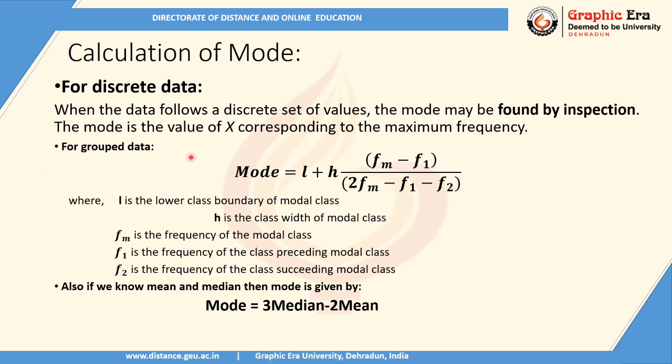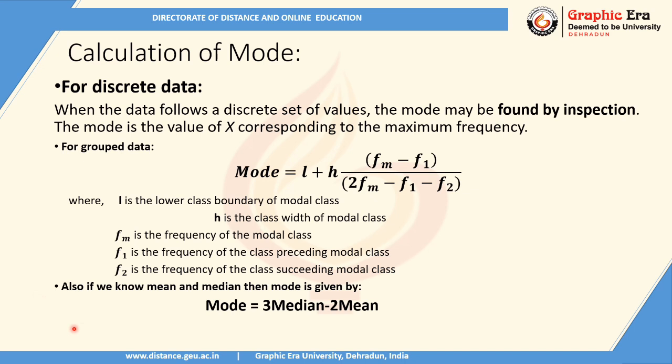But in case of grouped data, when the frequency table is given, then mode can be calculated by this particular formula: L plus h times (Fm minus F1) upon (2Fm minus F1 minus F2), where small l is the lower class boundary of the modal class, h is the class width of the modal class, Fm is the frequency of the modal class, F1 is the frequency of the class preceding the modal class, F2 is the frequency of the class succeeding the modal class.